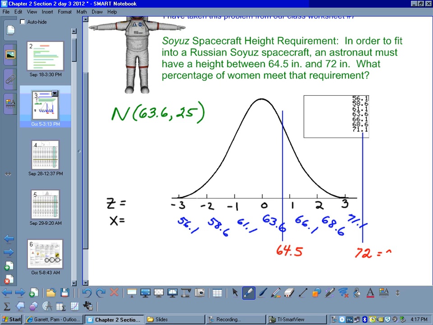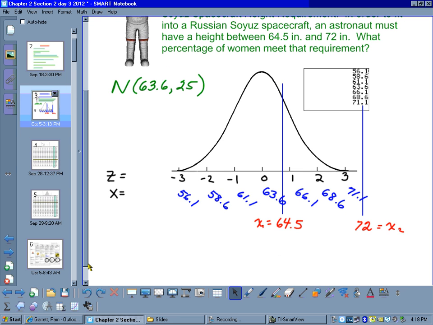Those are both X values. I will call them X1 and X2. I can make a guess at my Z values.